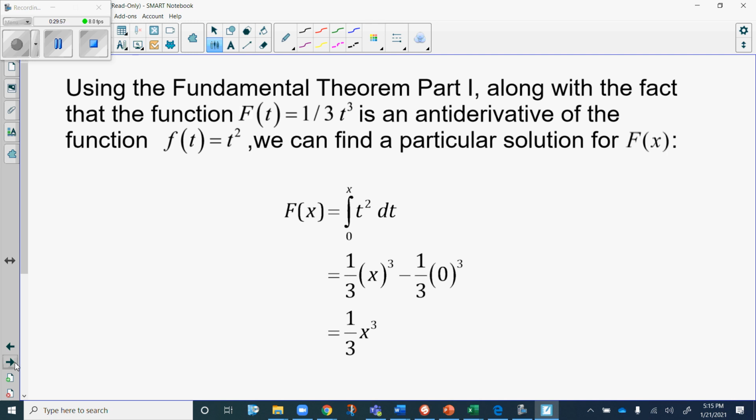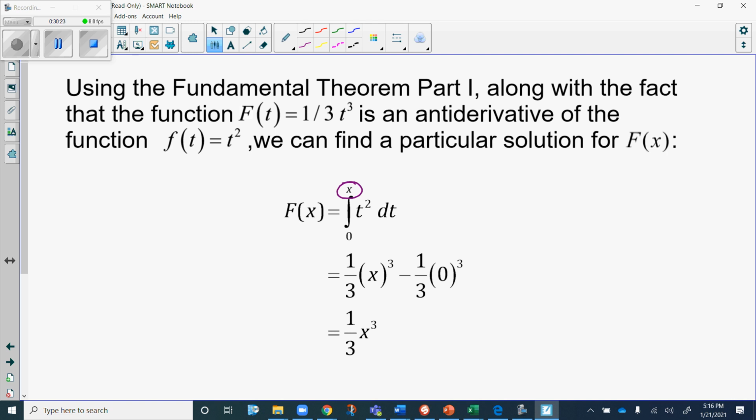So we have this definite integral, and one of the things we notice here, where we're really starting to get into the second part of the fundamental theorem of calculus, is that either the upper bound or the lower bound is not going to be a constant value. It's going to be an expression of some kind.